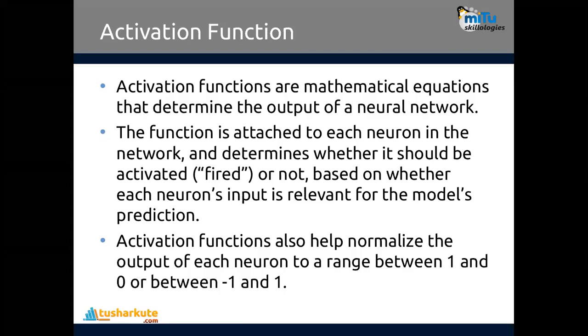Activation functions also help normalize the output of each neuron to the range between 0 and 1 or between -1 and 1. We have already seen this in the previous topics. Normalizing the output is done by these particular functions, and the activation function helps us perform these operations.